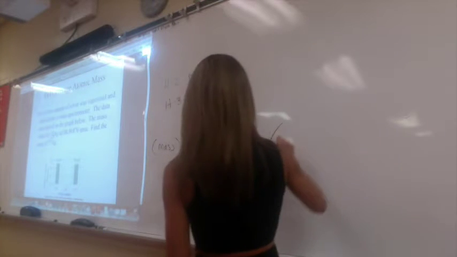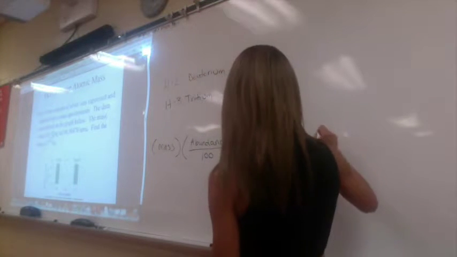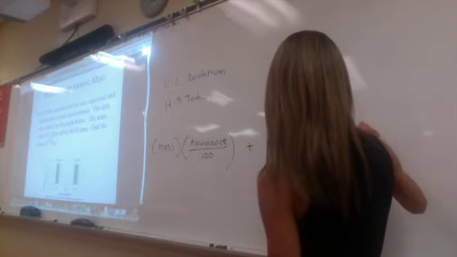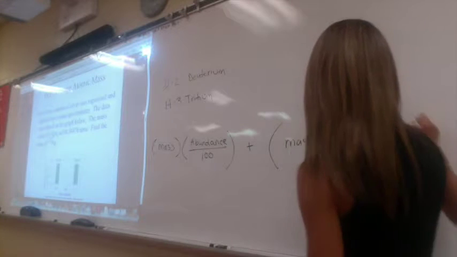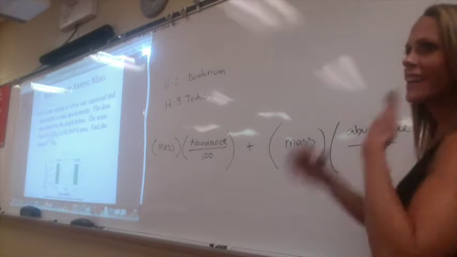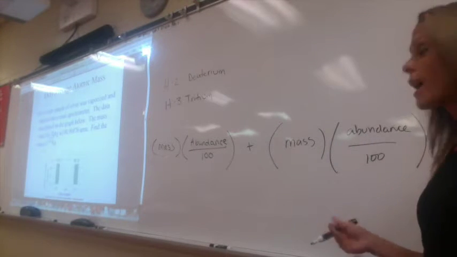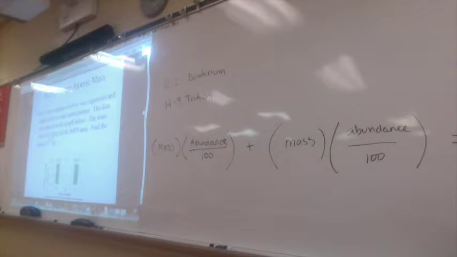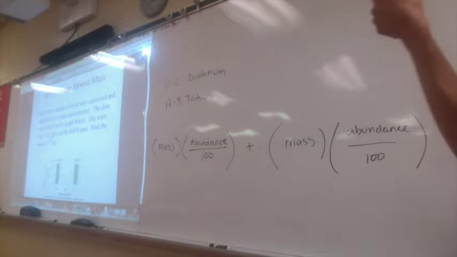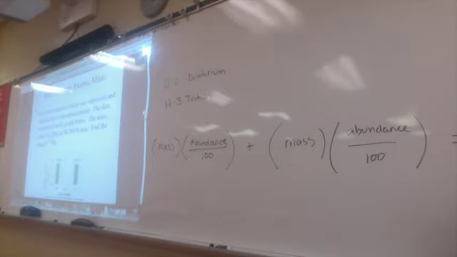Then you add your next one, your mass times the abundance divided by 100. And then you would do it again and again for every isotope that you have. Say we only have 2, like in this example. What does this all calculate to give you? The average atomic mass. That comes from the periodic table.